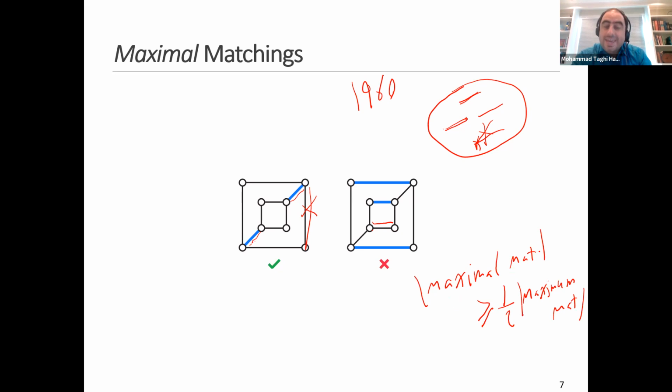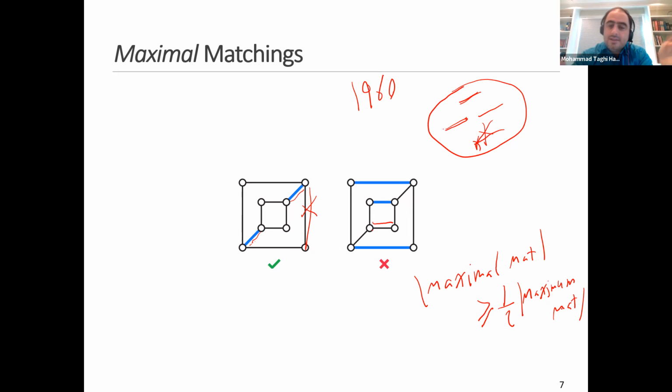So the size of any maximal matching, again, the maximal matching may have a different size, but we know any of them has at least half of the size of the maximum matching. Maximum matchings all have the same size by definition. Only one can be the global maximum. Maximal matchings may have different sizes, but we know that any maximal matching is at least half of the maximum matching edges.